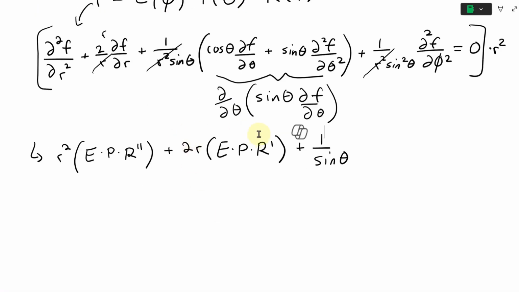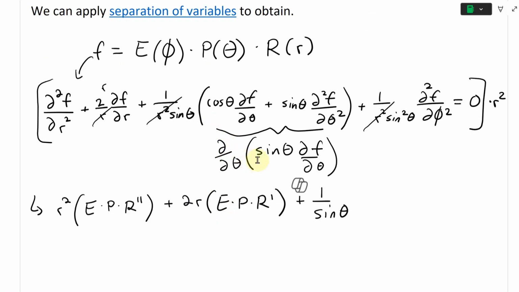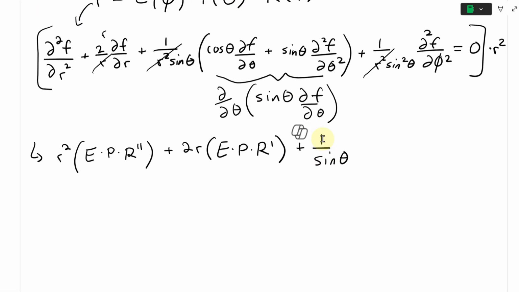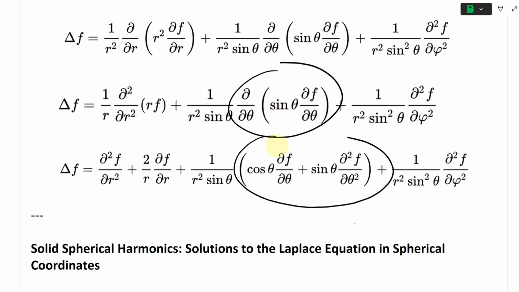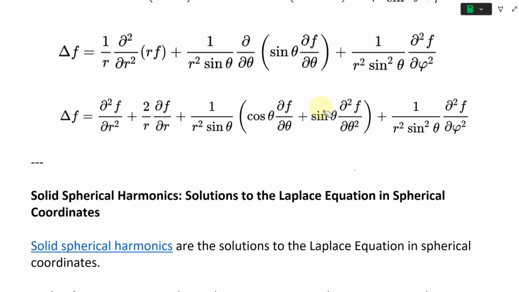You can see this is the case because it's just the chain rule. The derivative of sine is cosine theta times partial f over partial theta, plus sine times the derivative of this, which is the second partial derivative of f in terms of theta. If you go back to the Wikipedia setup, this giant thing is the same as partial over partial theta of sine theta times partial f over partial theta.